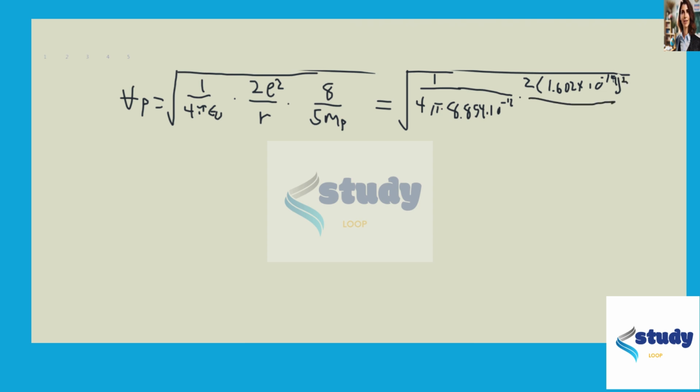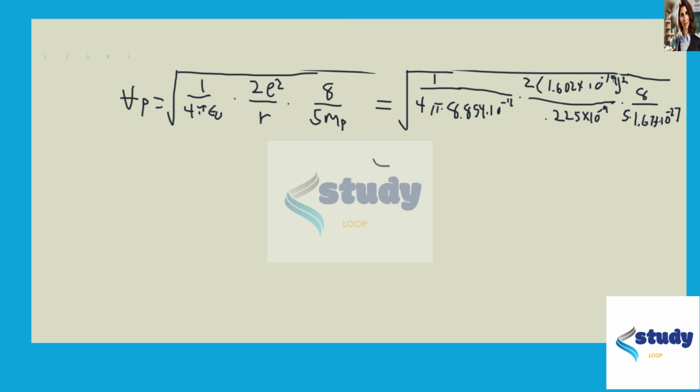Divided by R, which in SI units is 0.225 times 10 to the minus 9. And then we just need our 8 over 5 times the mass of the proton, which we said was 1.673 times 10 to the minus 27 kilograms.